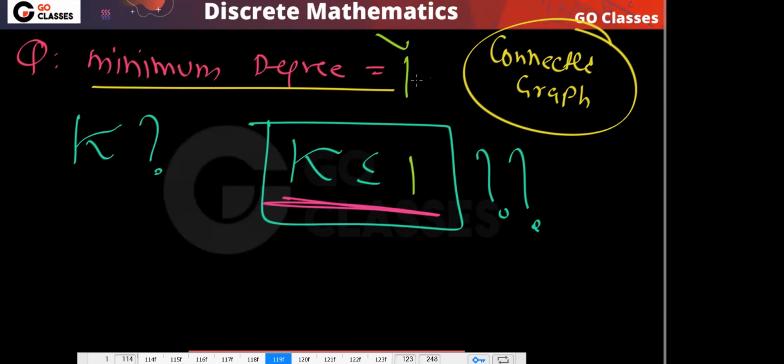If the minimum degree is 1, it means there is a pendant vertex.